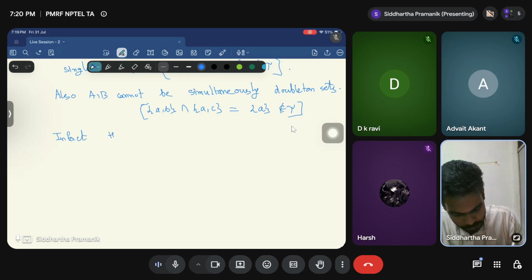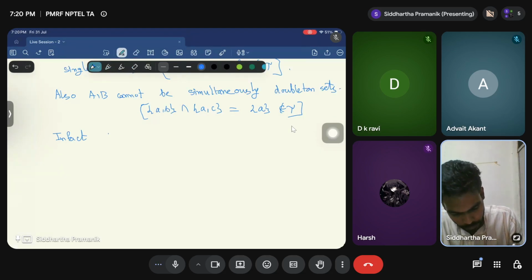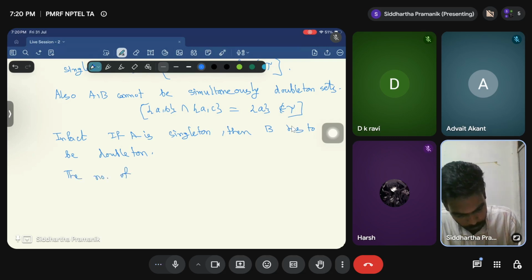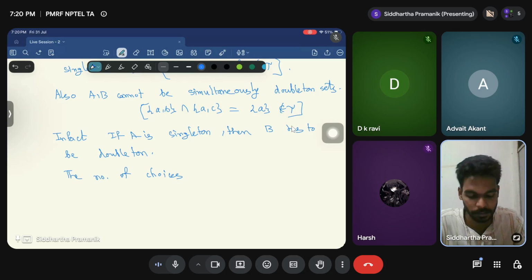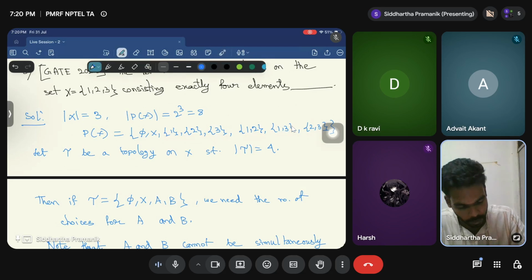So in fact, if A is a singleton, then B has to be a doubleton or two-element set. So the number of choices: if you take A singleton, there are 3 choices, because {1}, {2} and {3}, and if you take B doubleton, then {1,2}, {1,3}, {2,3}, and there are also 3 choices, so total 9 choices.